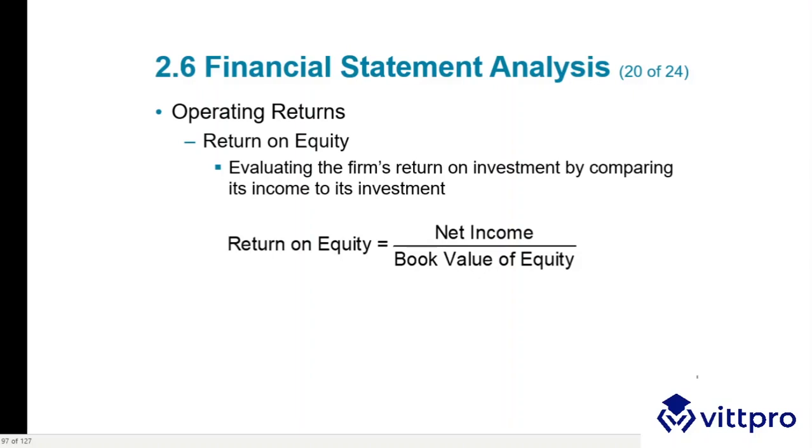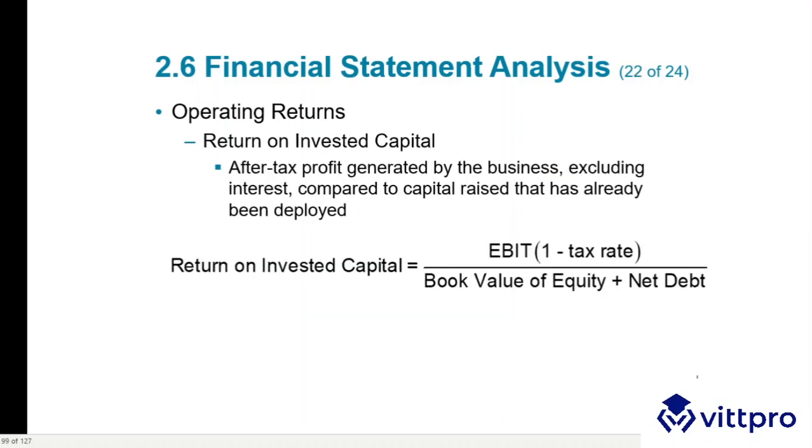What is more relevant is the current value of equity, because if let's say you are investing into the business as a new investor, you will not look at the book value, you will look at the market value, right? So we normally calculate the return on equity in a different manner, on market value, but for the classroom, academically, we calculate the book values.